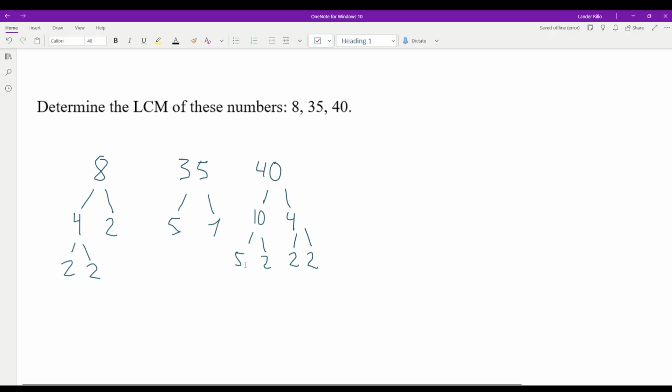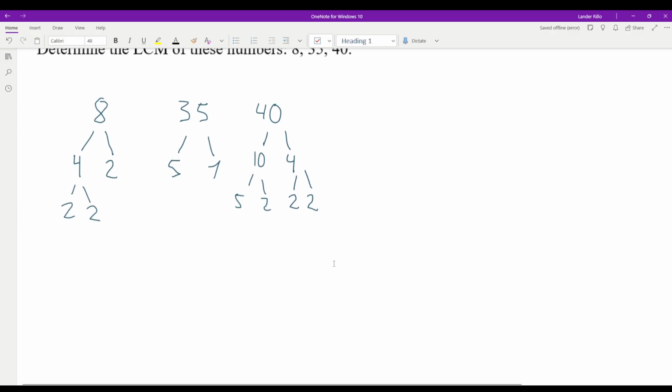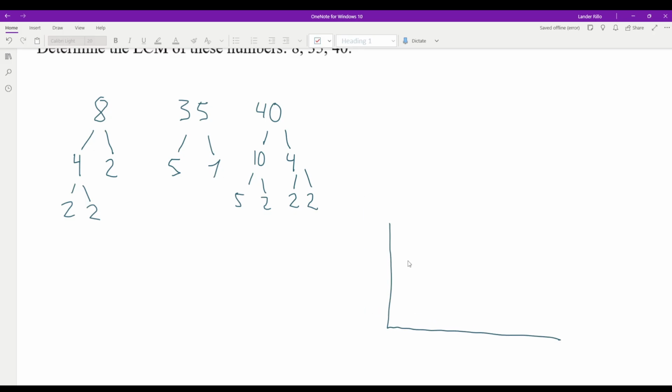Now the LCM, there's many different ways to do it, or many ways to show how you find it. This is how my teacher taught us how to do it. It's very organized. We write the numbers all in this column here.